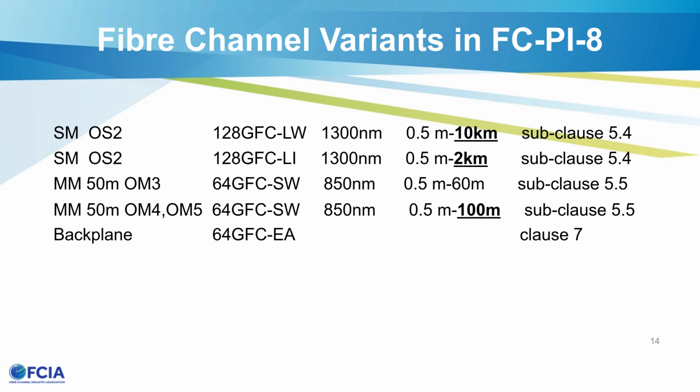So that's a good thing. And then there's also a backplane variant, the EA variant that's in clause 7. That variant basically doesn't specify what the copper media is. Really what it does is specify what the overall loss budget would be and the parameters that would go with that budget in order to be able to close things.